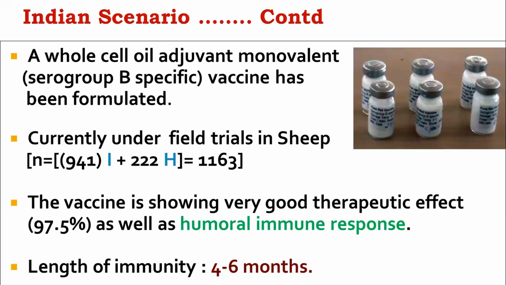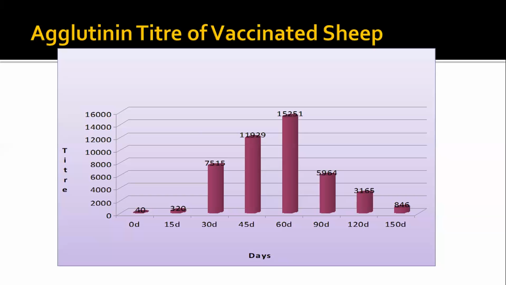We are the first in India to isolate the organism in 2007, and subsequently we formulated the whole cell vaccine. We have given this vaccine field trials, and we have seen it is highly effective and protects the animal against the disease. It gives protection for 4 to 6 months, so you can see clearly that the vaccine we have prepared protects the animal against foot rot for a period of 6 months.